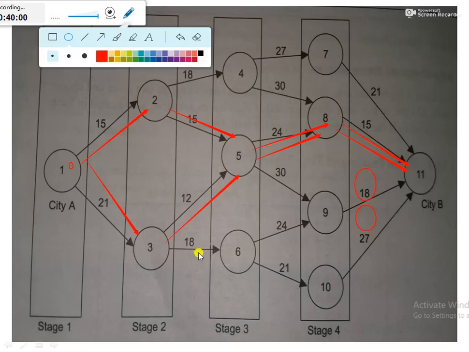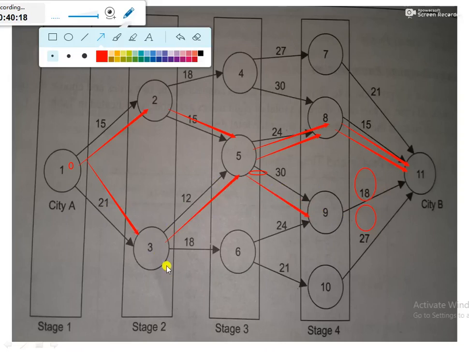And if the traveler takes another route, from 3 to 5, 5 to 9, and from 9 to 11, the total time would be 30 plus 18, 48 plus 12, 60 plus 21, that is 81.